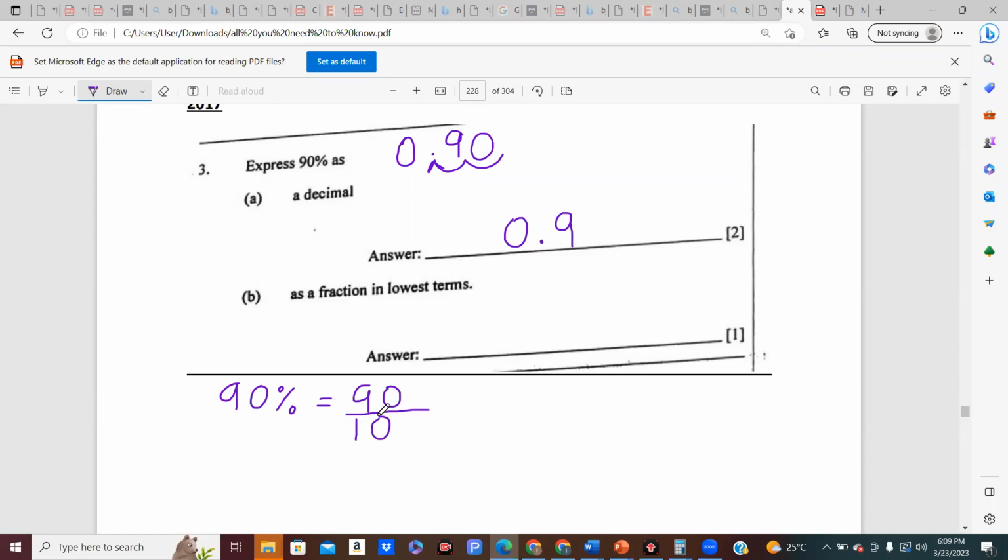Express it as a fraction in lowest terms. Can we cancel out any zeros? Yes, sir. We can cancel out this 0 along with this 0. So we have 9 over what? 10. So the answer for this one is 9 over 10.